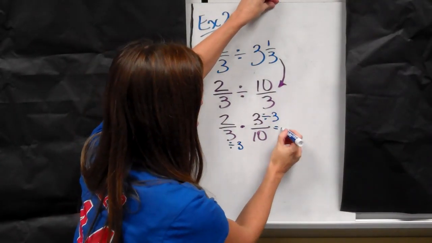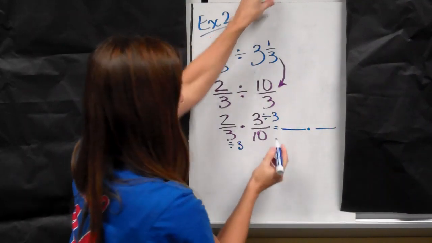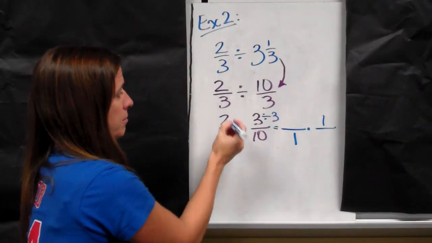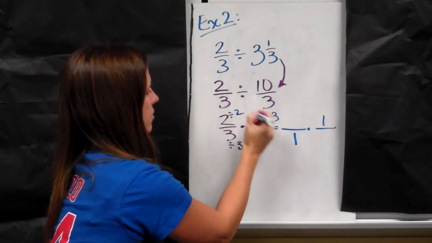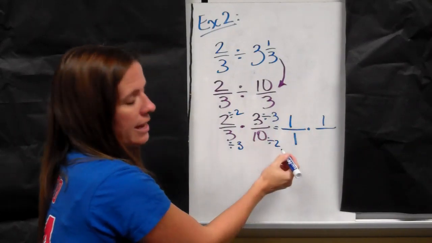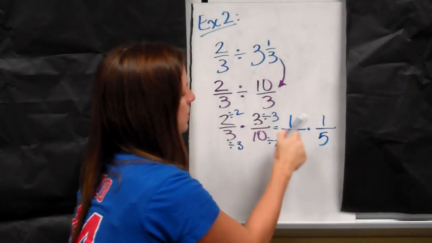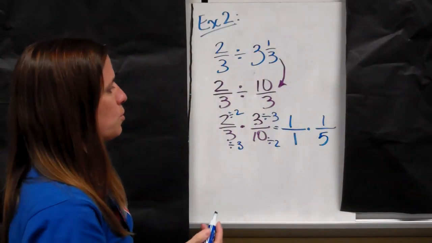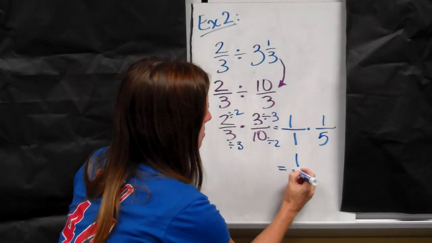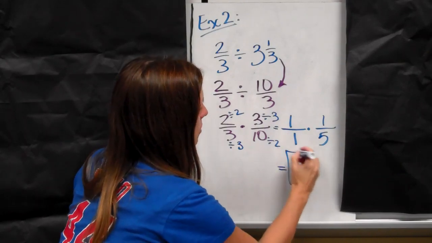So those would become 3 divided by 3 is 1, same down there. 2 and 10, both even, divide by 2. 2 divided by 2 is also 1, and 10 divided by 2 is 5. So we have 1 over 1 times 1/5. 1 times 1 is 1, 1 times 5 is 5. So 1/5 is our answer.